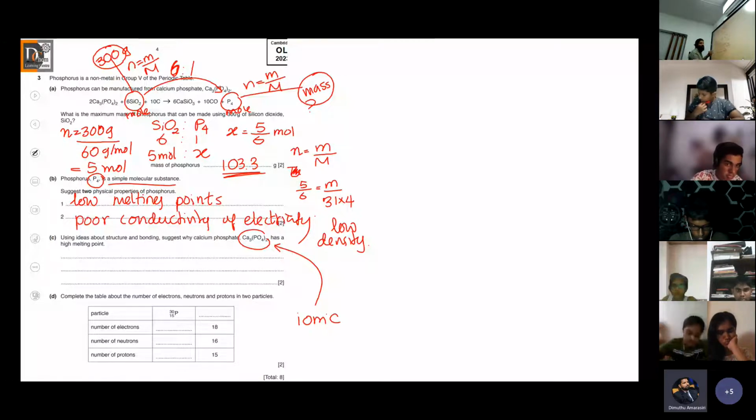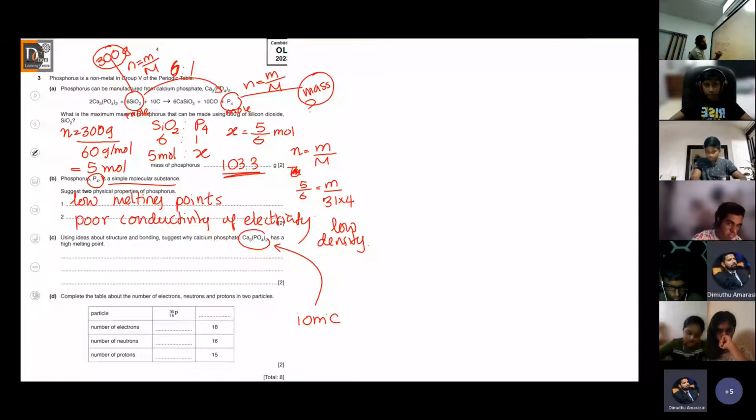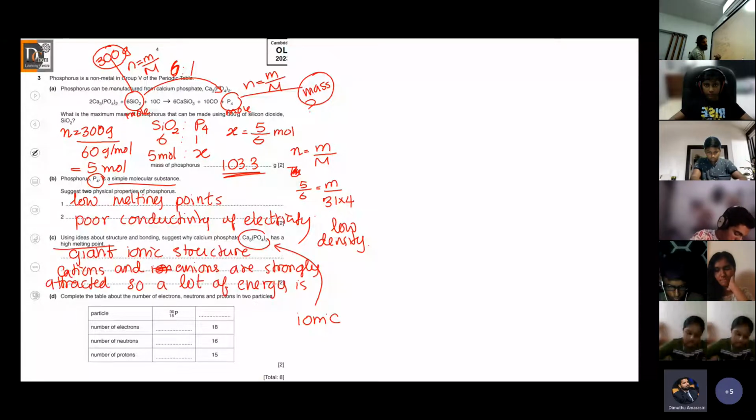Since I have mentioned it is ionic giant, I don't have to mention it again in the second point. Attracted. So a lot of energy is needed.